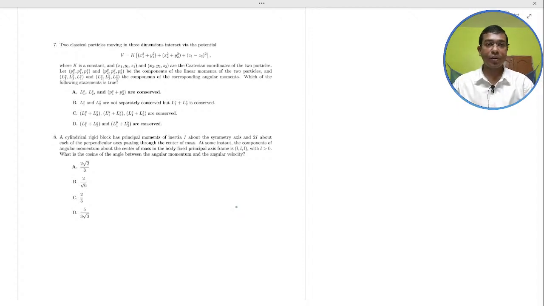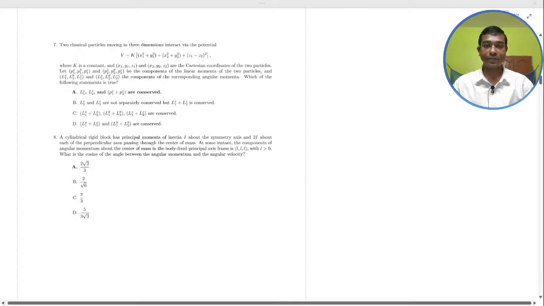Let p1x, p1y, p1z and p2x, p2y, p2z be the components of the linear momentum of the two particles, and L1x, L1y, L1z and L2x, L2y, L2z are the components of the corresponding angular momentum. Which one of the following statements is true?